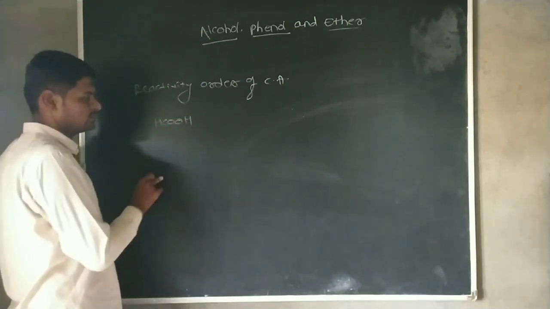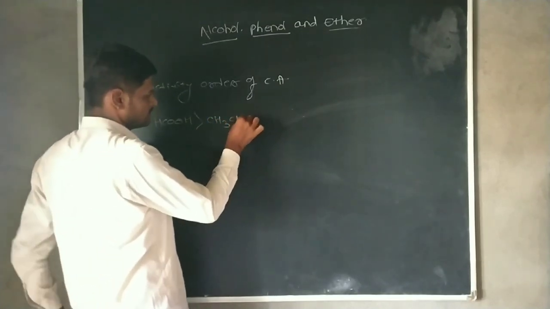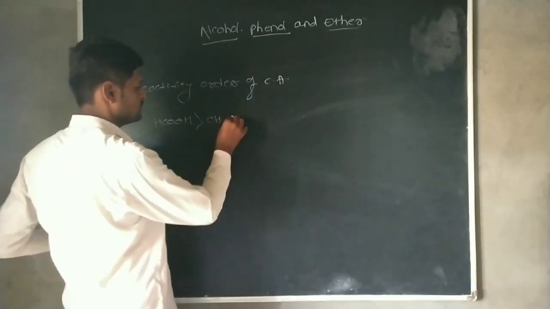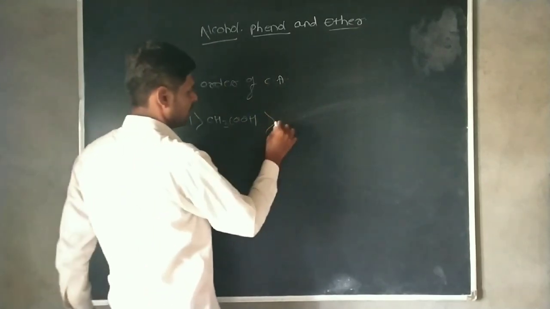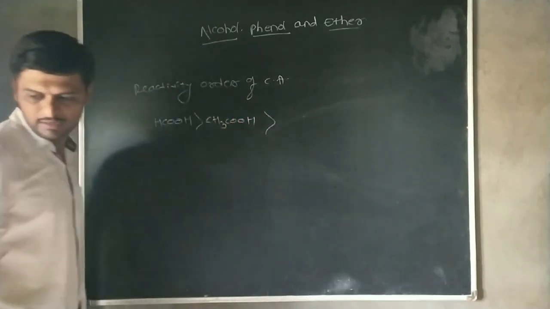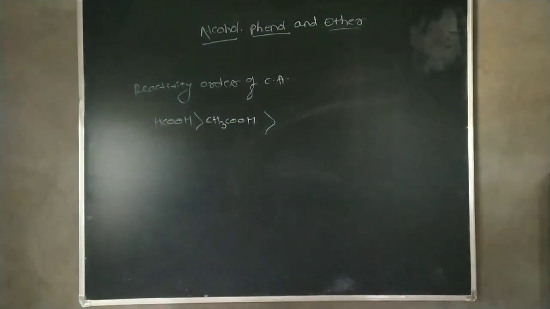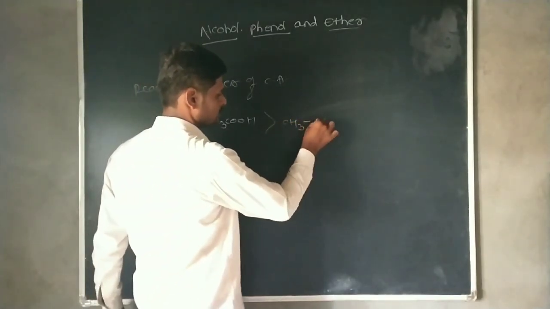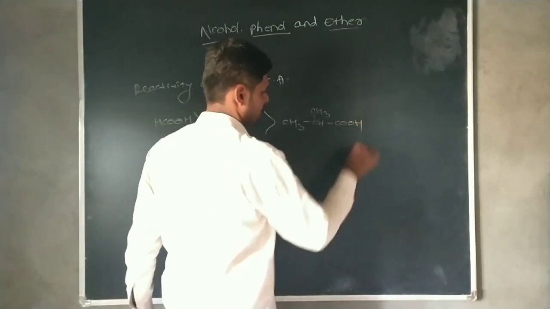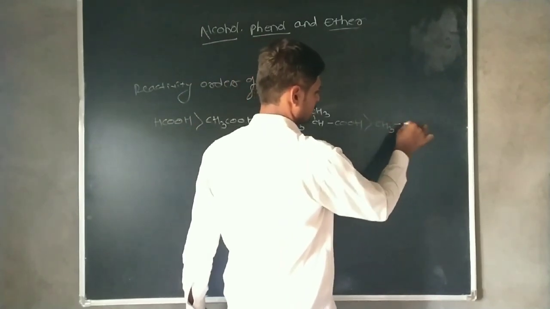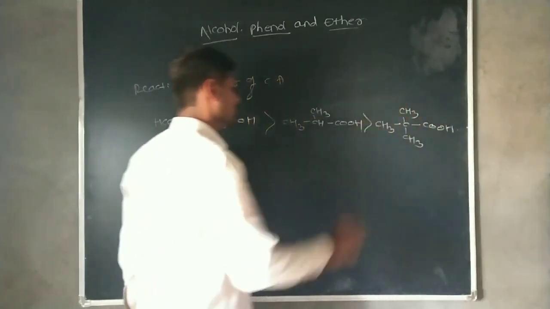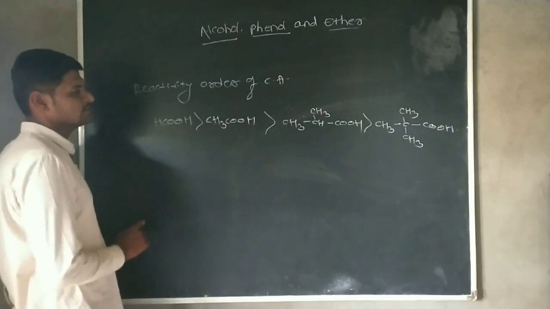The most reactive carboxylic acid is formic acid, then acetic acid CH3COOH, then the acids with larger alkyl groups.